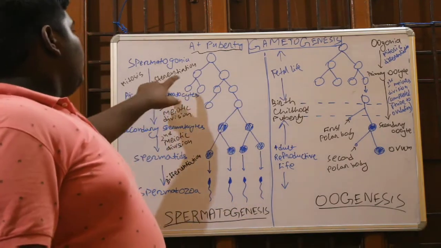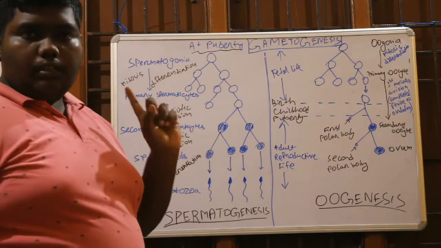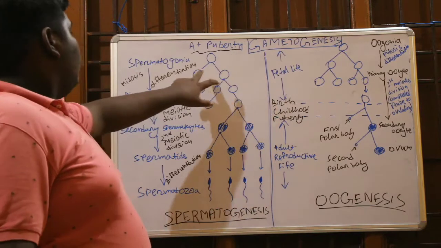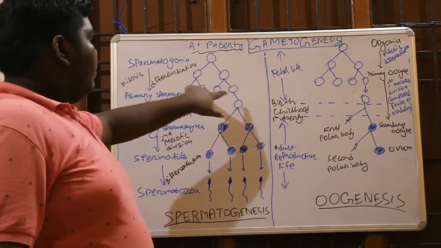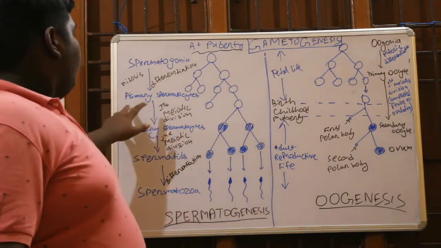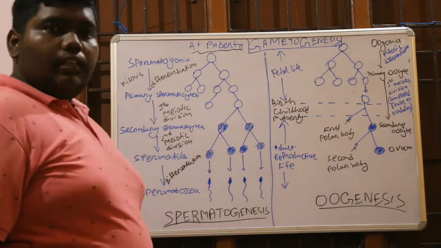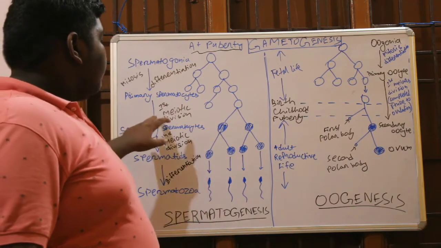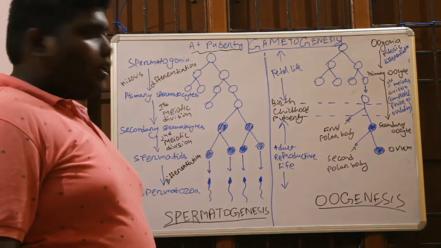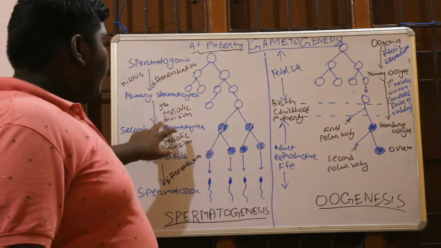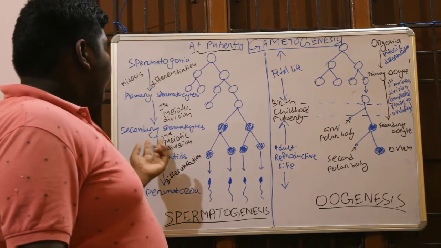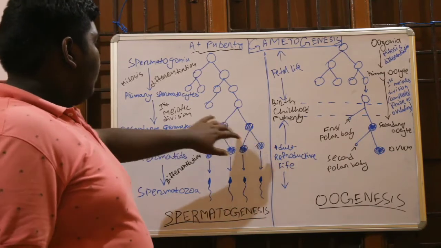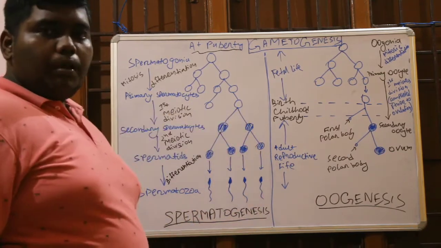This mitotic differentiation doesn't take place once, it takes place twice: from spermatogonia to two, again to four, and they form primary spermatocytes. Now these primary spermatocytes undergo the first meiotic division to form secondary spermatocytes.